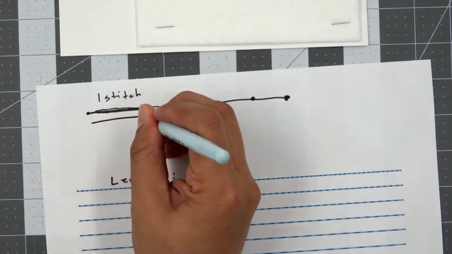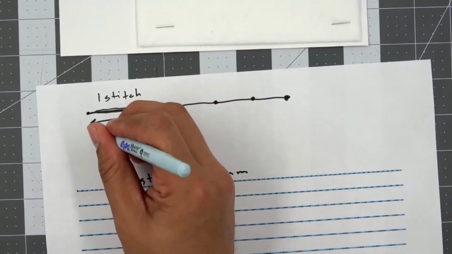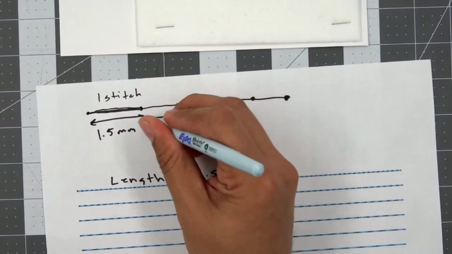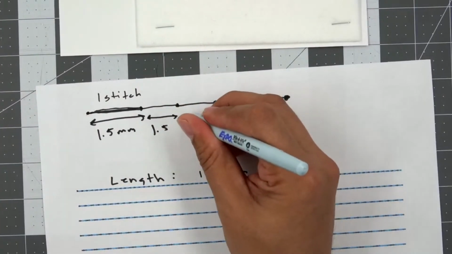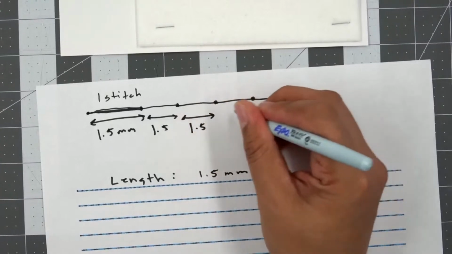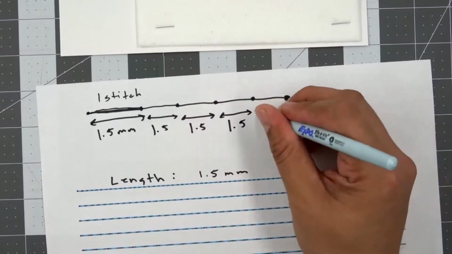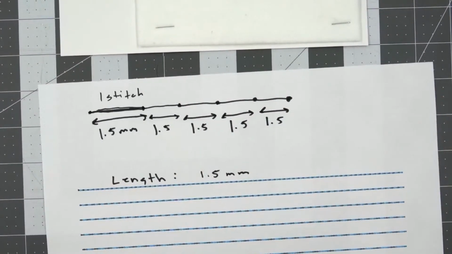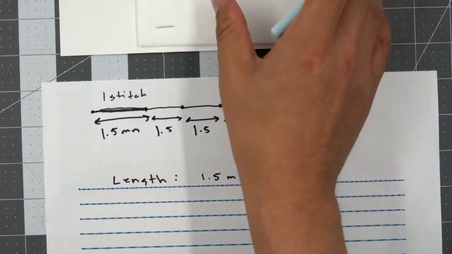This is one length. In this first example, 1.5 millimeters makes a stitch. I would say this is your minimum. Of course you could go smaller, but you don't want to remain that small. You could taper down to this small. 1.5, 1.5. That's what's happening here on the top.